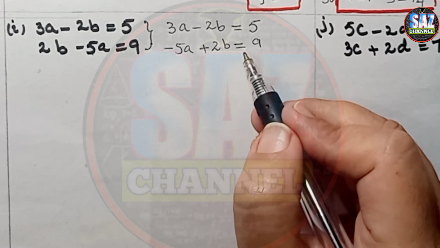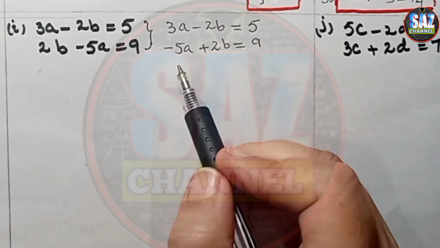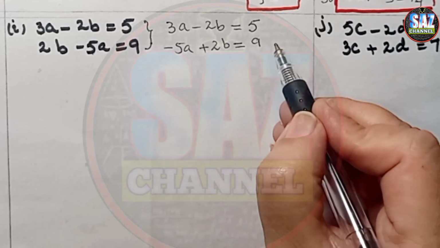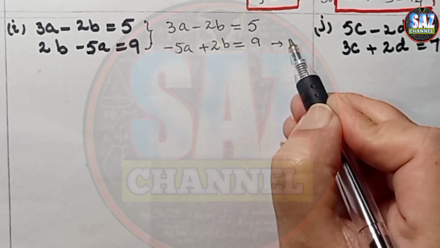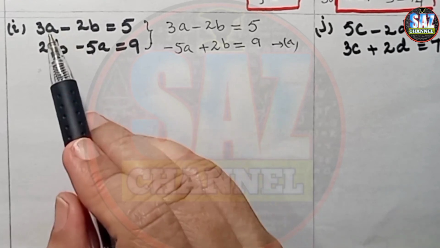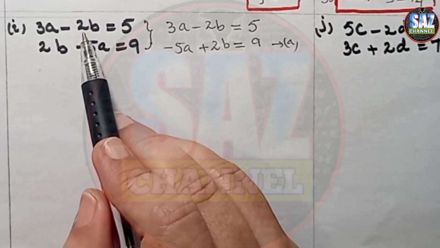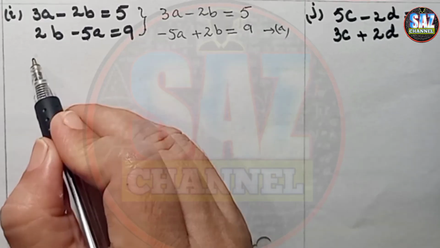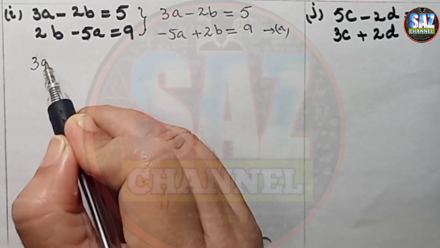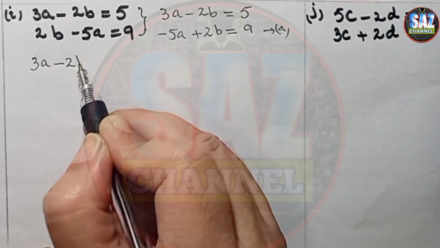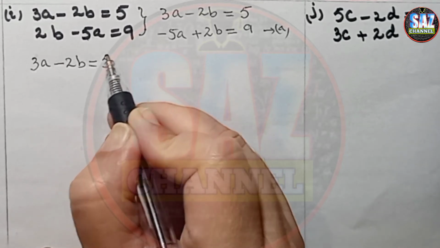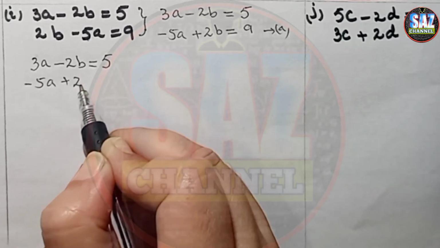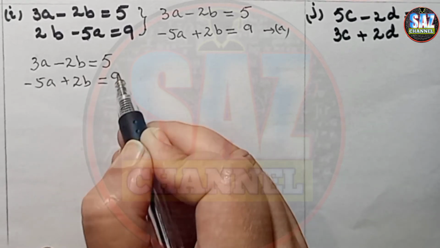Now if we compare this new equation with the first equation, 3a minus 2b equals 5, both the equations are arranged now. So I take equation 1, 3a minus 2b equals 5, and minus 5a plus 2b equals 9.